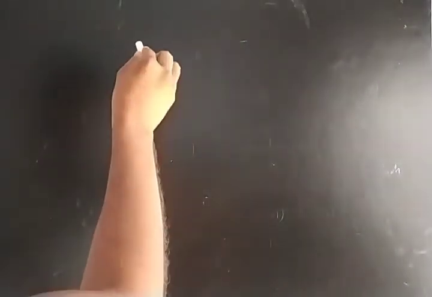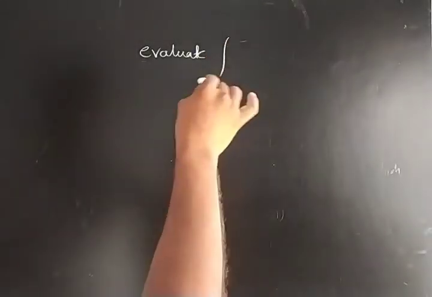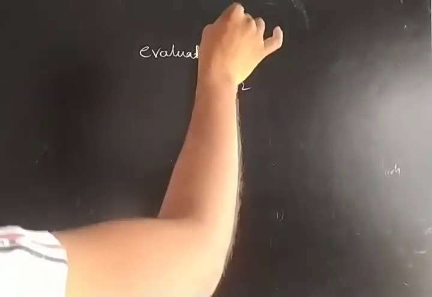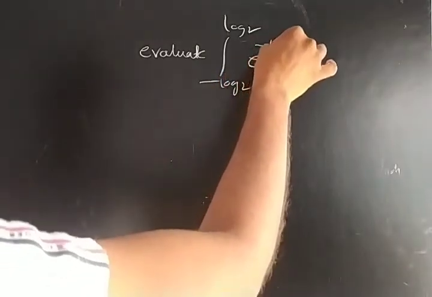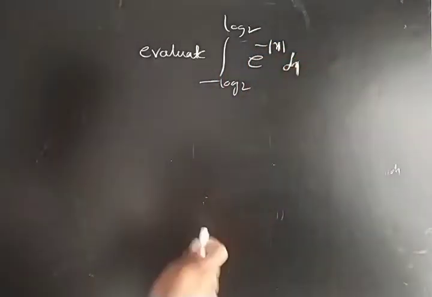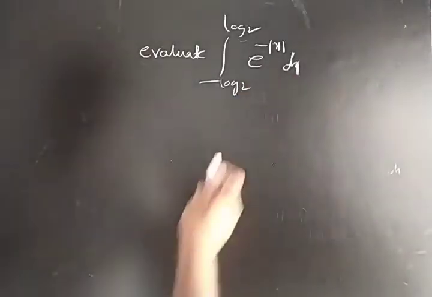Evaluate the integral from minus log 2 to log 2 of e power minus mod x dx. So again we have the limits from negative to positive, so here I am going to check this function.